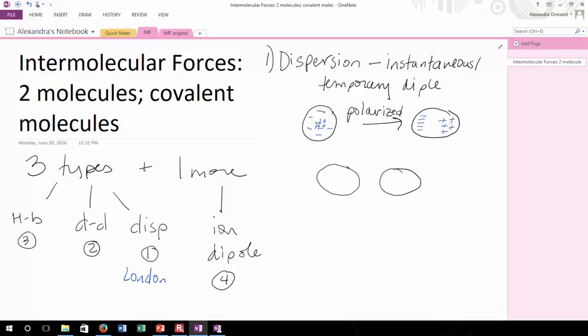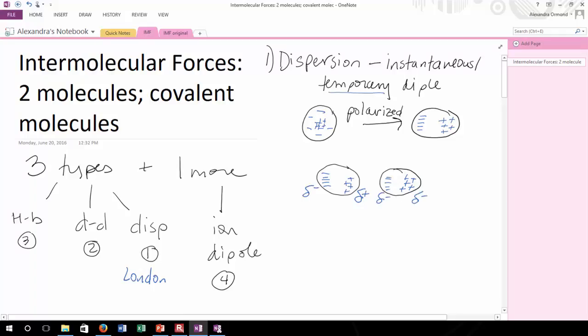And this type of polarization is the instantaneous or temporary dipole that can form in all molecules, again because they all have electrons. So if you have two molecules that induce a dipole in one another, you've got a partially positive end and a partially negative end.